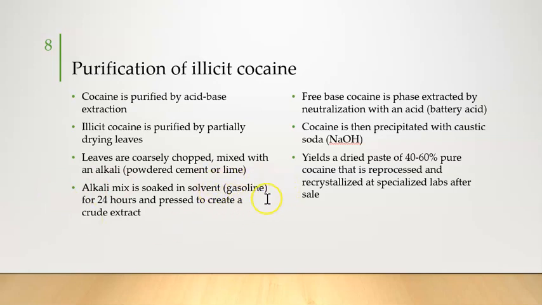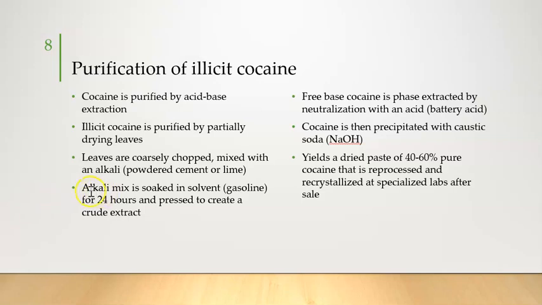such as gasoline. So you can probably understand now why our free base type cocaine isn't so good for you, because if we can't remove all of the solvent, aka gasoline, then when you snort or take this free base cocaine, you're going to also be snorting or ingesting some gasoline.